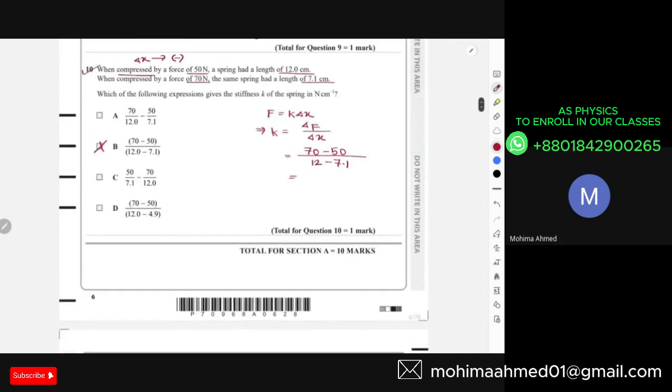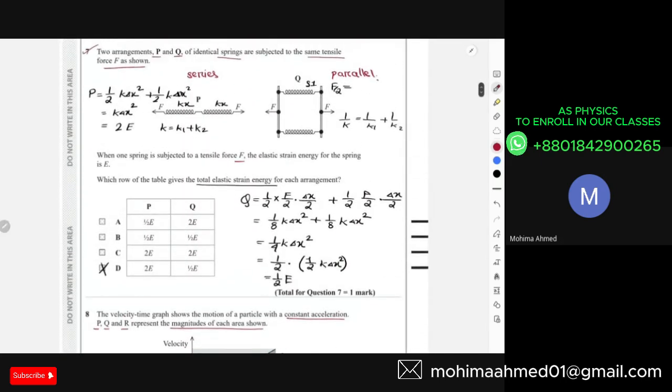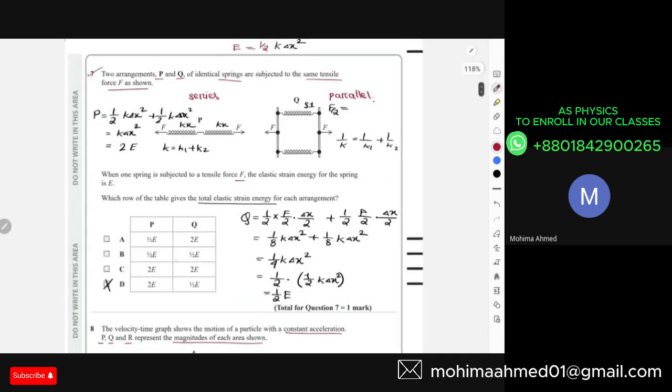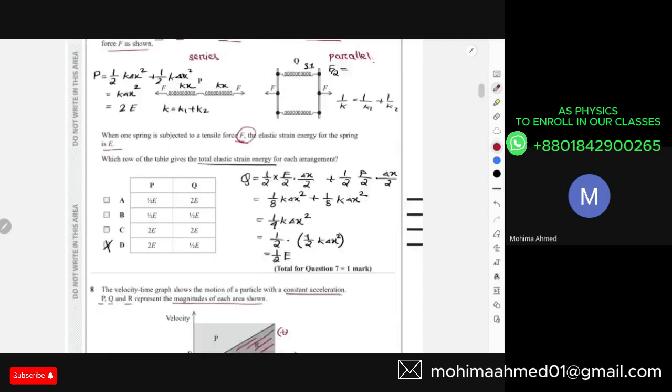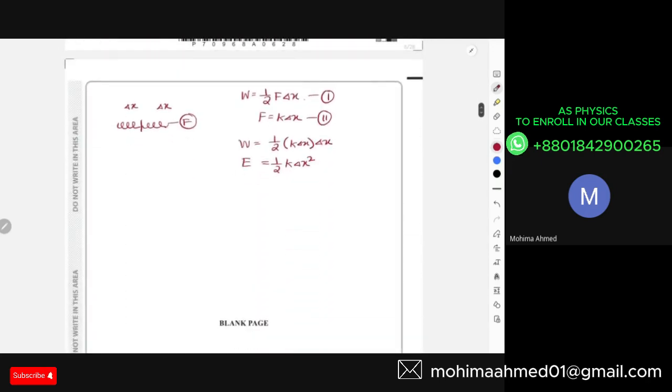I think the term they used for energy was actually capital E, right? And there we had two springs, P and Q, identical, and the energy stored when the force was F newtons on each spring was capital E. Okay, then in that case, they're considering this as E. The value for E is half K delta x square.